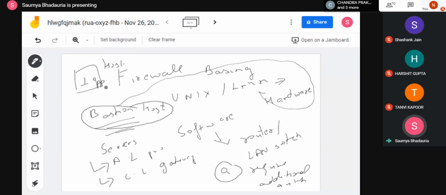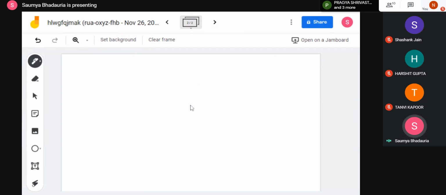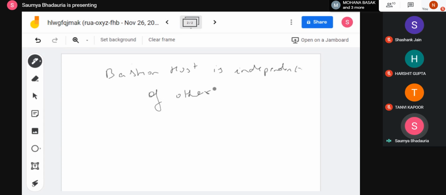So technically, this is a proper standalone system, but it is behaving as a complete firewall. The other major important factor in your bastion host is that it is independent of other proxies.